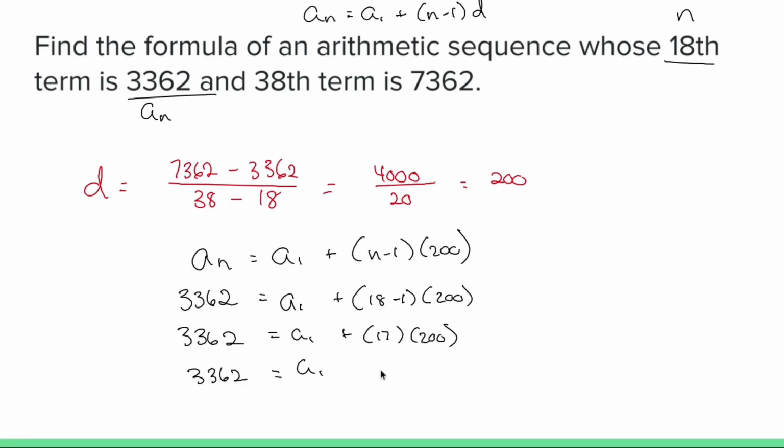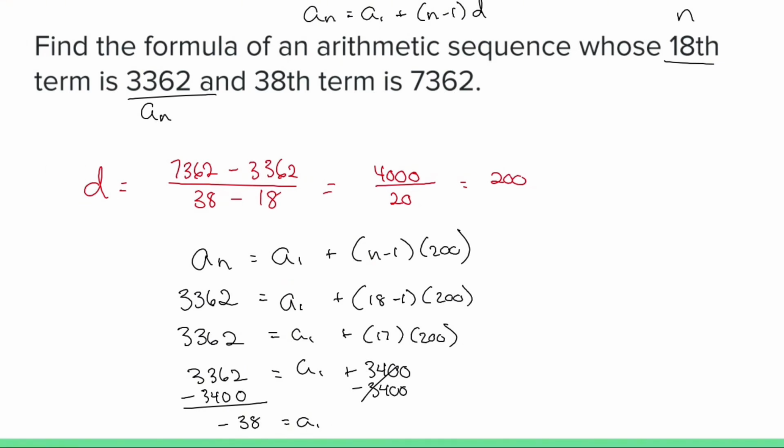A sub 1 plus 3,400, right? Minus 3,400 from both sides. And that looks like that's going to get us -38 equals a sub 1.